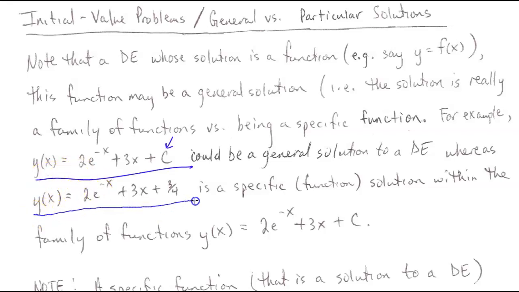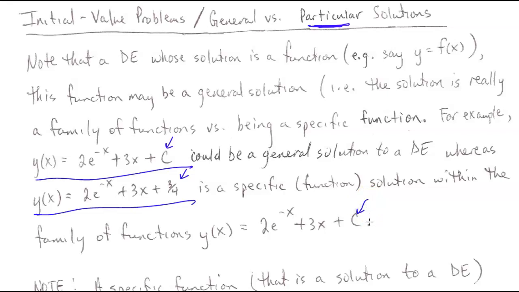Whereas for this particular equation, we see that c is actually substituted for an actual value, and we call this a specific solution, okay? Another way to say specific solution would be a particular solution. Now, the reason why we say that a general solution has these arbitrary constants in it is because these constants can be anything.